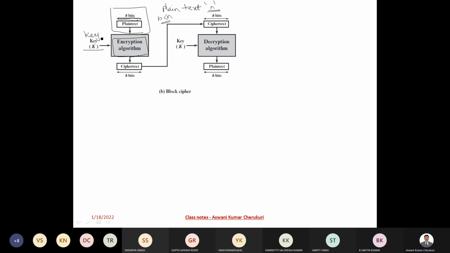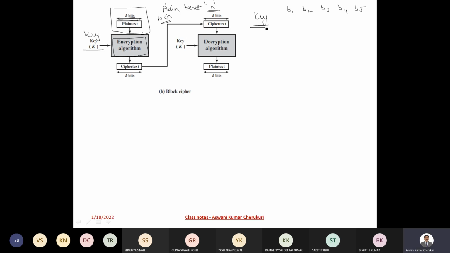There is a trick here. I have the key, and I have say 5 blocks from my plain text: block 1, block 2, block 3, block 4, and block 5.